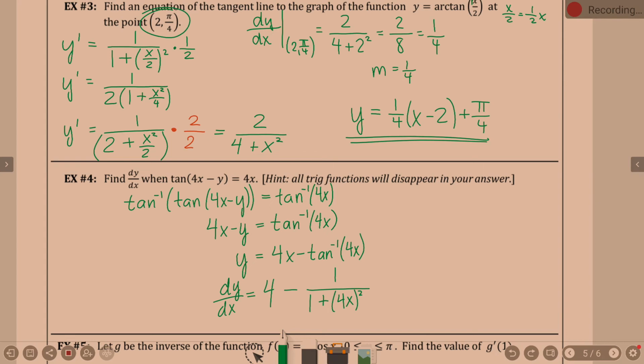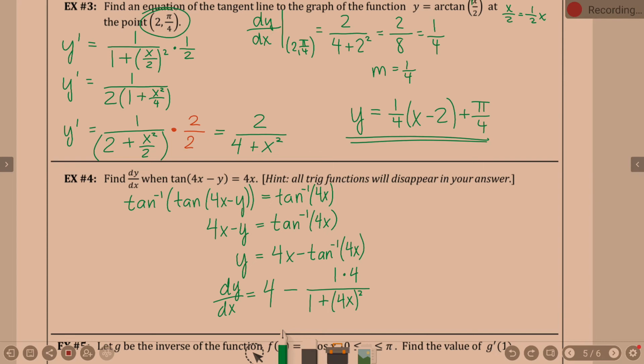And that's going to be the derivative of 4x, which is 4. I went ahead and put the times 4 in the numerator. Times 4 beside the fraction is fine. Because we're just finding the derivative here, aren't we?